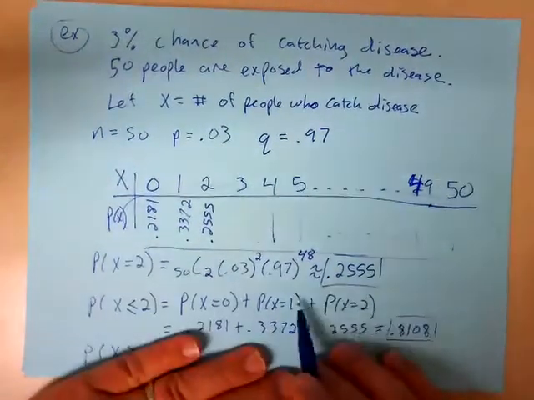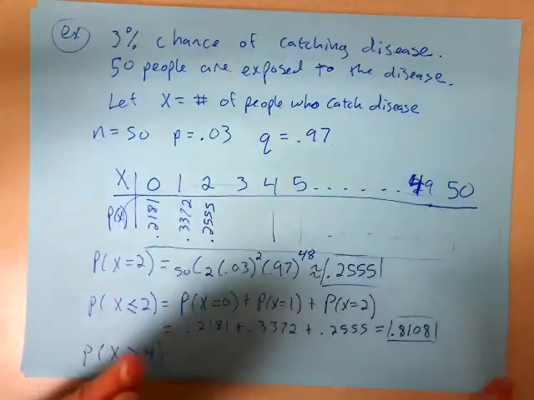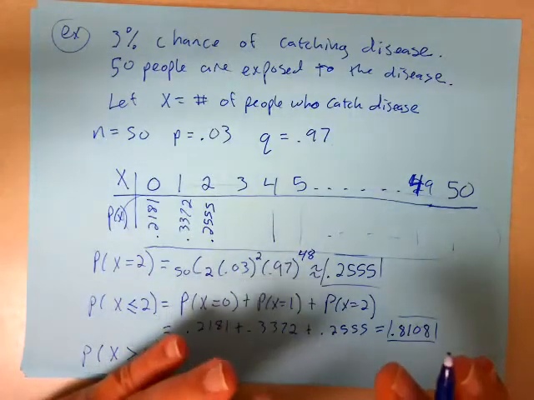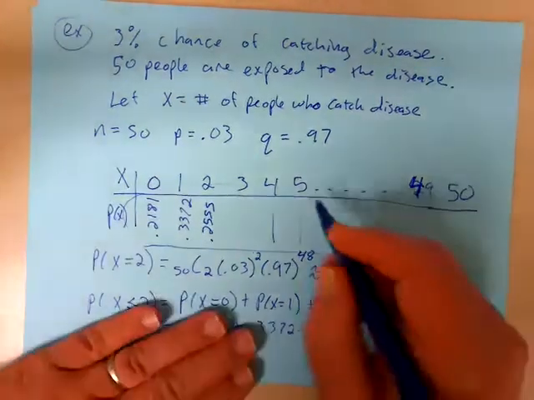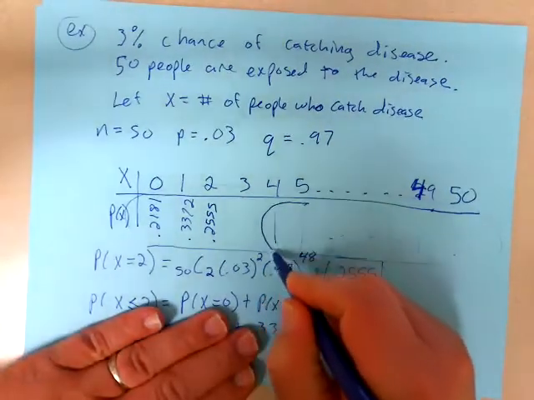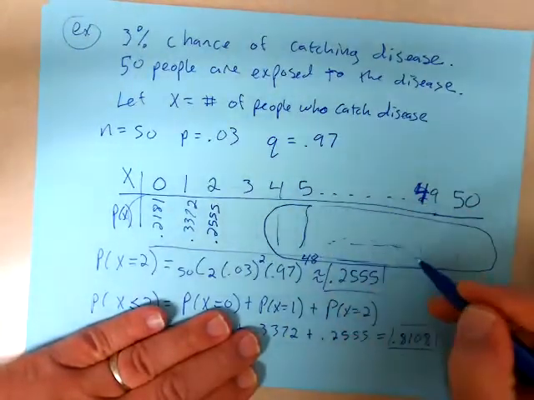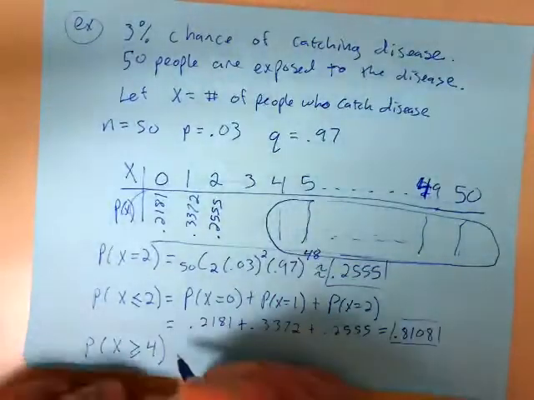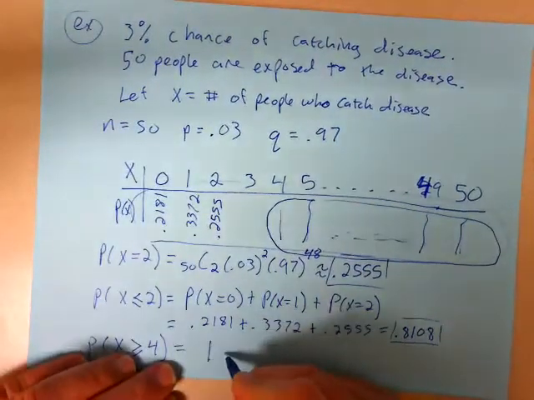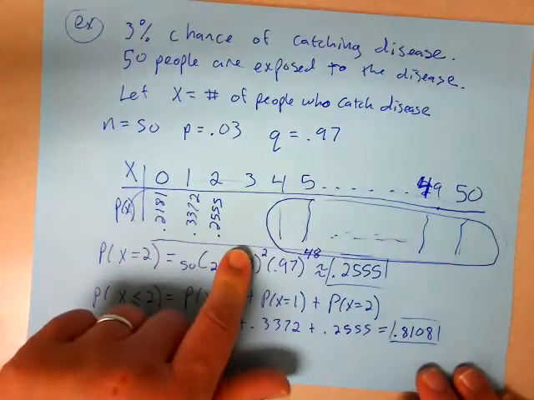And so what I'm going to do is use the fact that all of them added up equals 1, right? When you add them all up, it equals 1. And so I'm going to circle the ones that I want, all of these. Okay, I want all of those, and then to get this probability, I'm going to take 1 minus the remaining ones that are not circled, right?